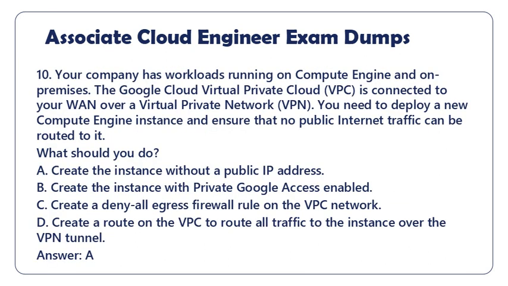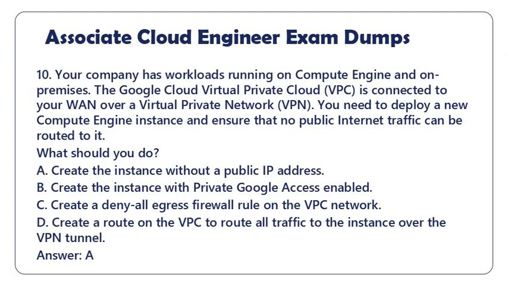10. Your company has workloads running on Compute Engine and on-premises. The Google Cloud Virtual Private Cloud, VPC, is connected to your WAN over a Virtual Private Network, VPN. You need to deploy a new Compute Engine instance and ensure that no public Internet traffic can be routed to it. What should you do?